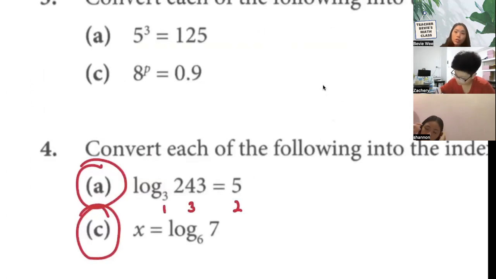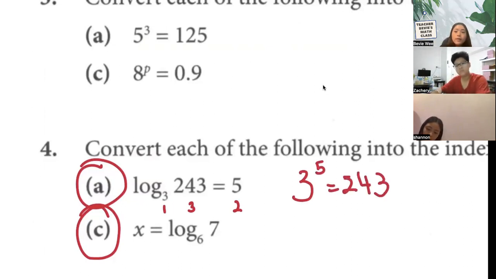Very simple. Do you all get my 1, 3, 2 or not? So you just read 1, 2, 3. It's basically the position of the numbers. So 3 to the power 5 equals 243.